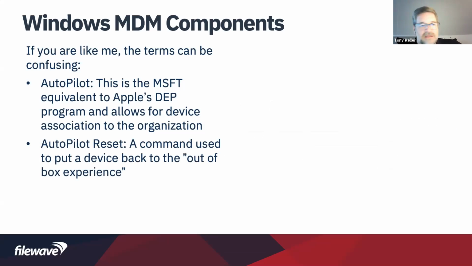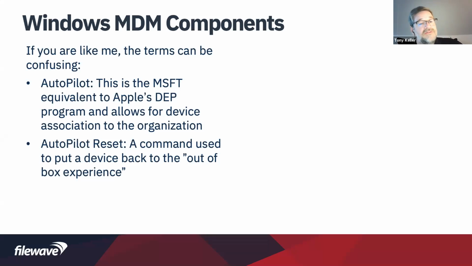The second thing that we're talking about, we mentioned it before, is Autopilot Reset. And that's an MDM command, and it turns out you can do it through a PowerShell script as well, to put a device back to that out-of-box experience. So if we consider that there's a device in the field, somebody's been using it, it's Windows 10, and we want to give it to a new person, we don't have to necessarily wipe that device and reinstall the operating system.